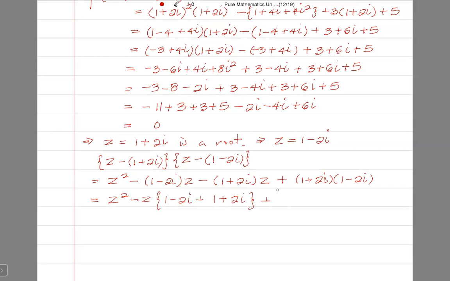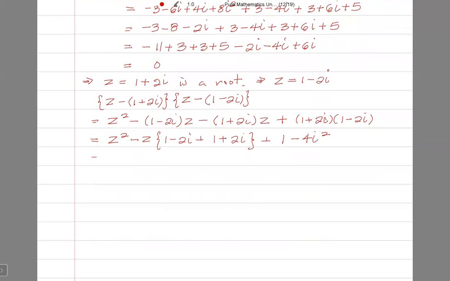Over to the right, this is the difference of two squares, 1 minus 4i squared. So this is z squared minus z, and inside the bracket I have 2.